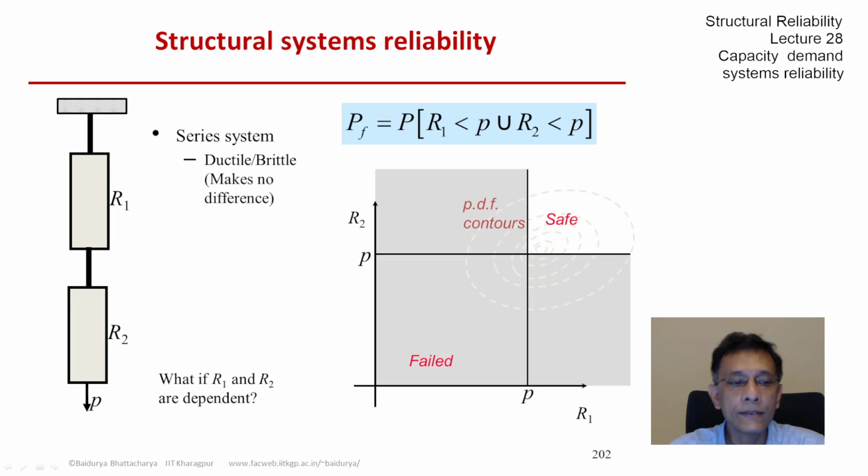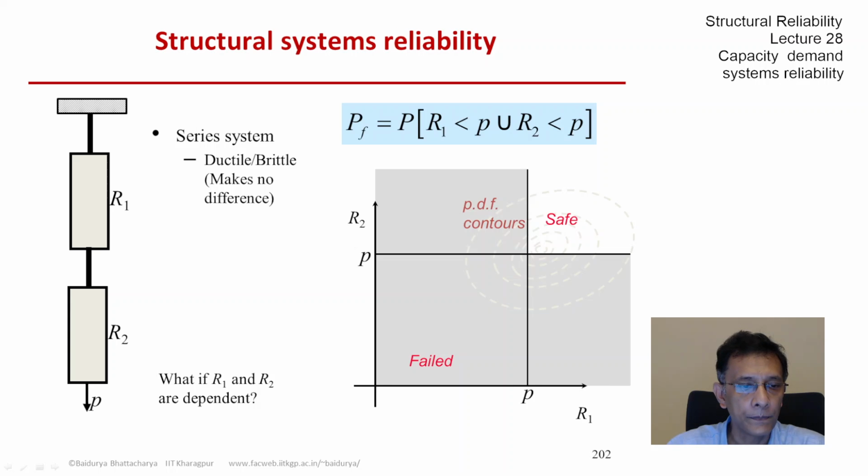So what if R1 and R2 are dependent? In fact, that dependence may come from very intrinsic causes, so we may not be able to ignore that. And ignoring dependence, whether it is conservative or not conservative, is something we need to figure out. So it is not advisable to jump to independence at the first possible opportunity.